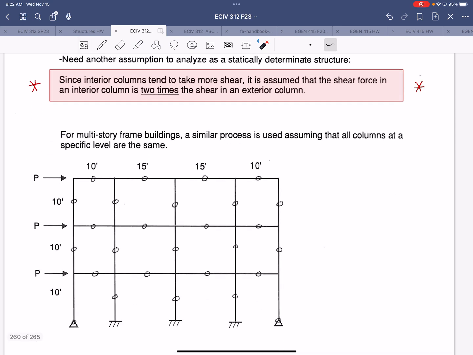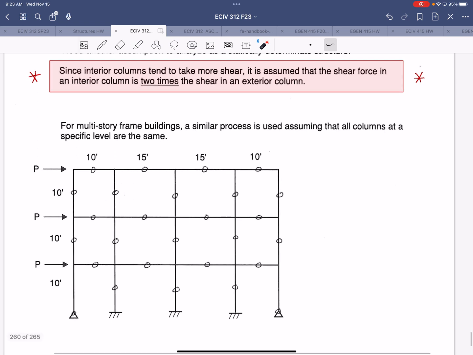So down here we have a bigger frame example, and the process is very similar if we assume that all the columns in a specific level are the same size. So the general process is to start at the top level and go story by story to the base.